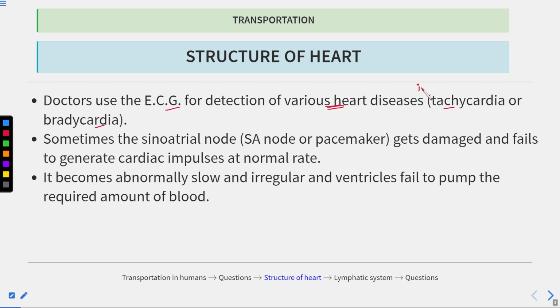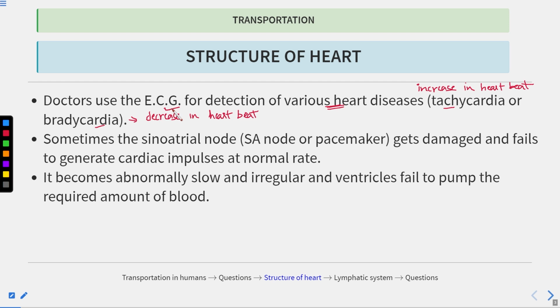And an unusual decrease in the heart rate, or heartbeat, is known as bradycardia. These changes can be detected during the ECG.